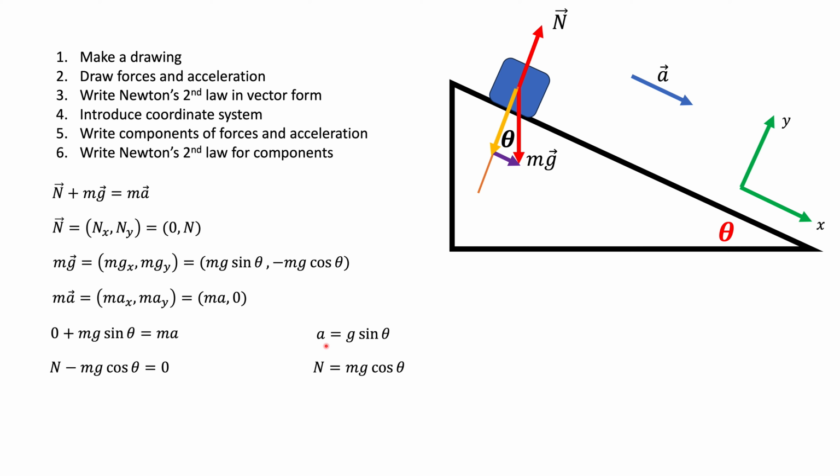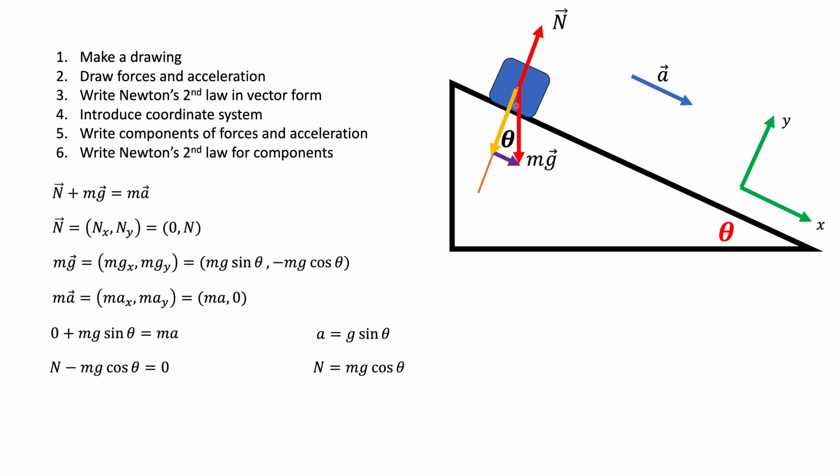Therefore, a is constant. So essentially, when we're looking at the motion of this object, it is moving in one dimension with constant acceleration. And you can use well-known kinematics formulas to describe the time it takes for the object to go along the slope, and also what kind of velocity this object is going to get at the end.